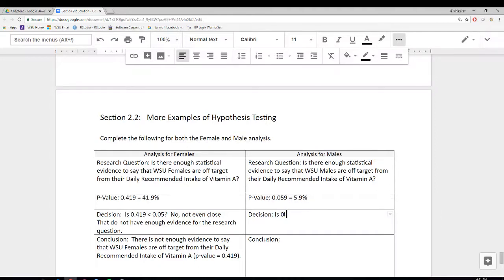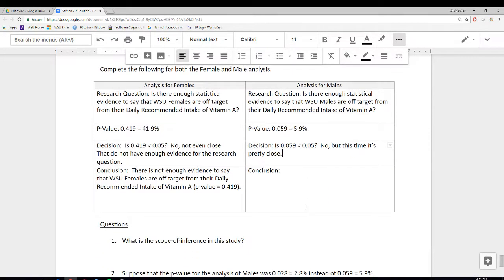Is 0.059 less than 0.05? The answer to that is no. This time, it's pretty close. If we want to be real strict with our 0.05 threshold, we're going to end up saying that we do not have enough evidence.